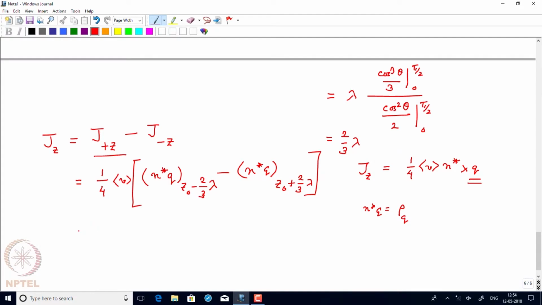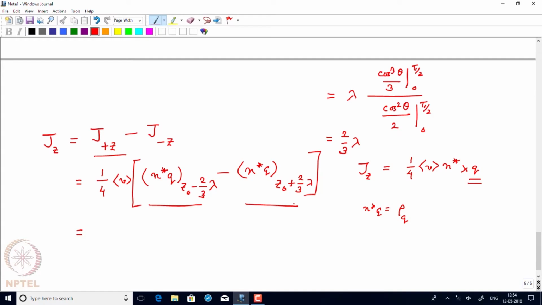Now what you see here is that I do not know this, because it will depend on the gradient of that quantity Q. Now n star is a density, and if you remember, there could be a density gradient, plus there could be a gradient of a particular property itself, the Q itself, and the gradient is along the z axis. That's why the flow is happening.